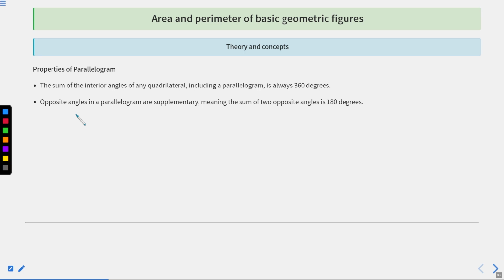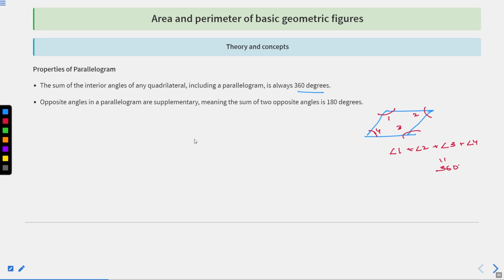So let us now see few more properties on parallelogram. Sum of the interior angles of any quadrilateral including parallelogram is 360 degrees. So if this is your parallelogram and this is some angle 1, this is some angle 2, this is some angle 3, and this is some angle 4, then the sum of angle 1 plus angle 2 plus angle 3 plus angle 4 is equal to 360 degrees.